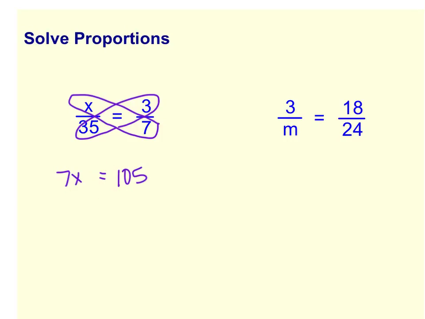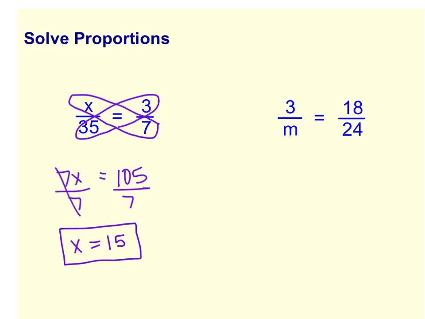We want to get x by itself, so x is being multiplied by 7, so we're going to divide both sides by 7, and then x equals 15. And we've solved the proportion.